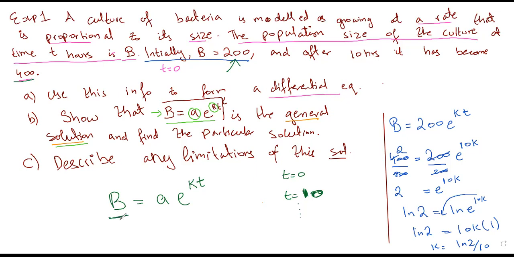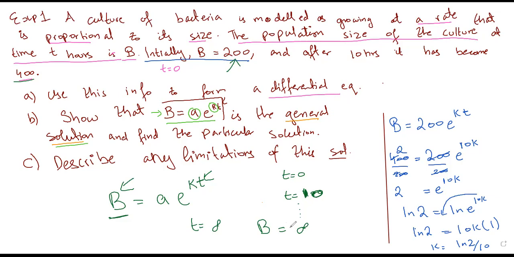Now, the limitation is that when t becomes large, this value would become very large. So for a value of t such as infinity, the model will no longer be valid, because for t equals infinity, b would also be equal to infinity. So this is the limitation of the solution, right?